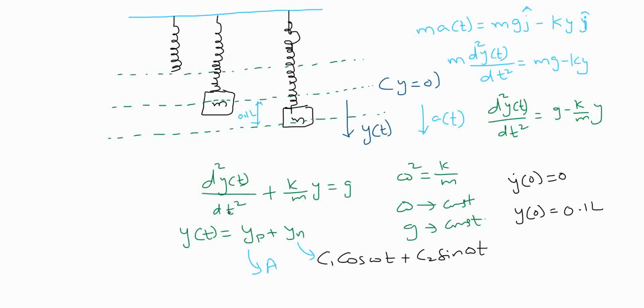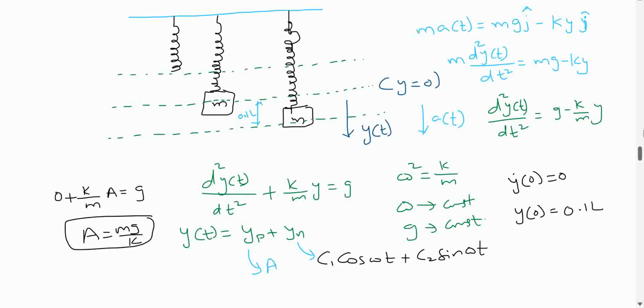So these are the initial conditions, and for the particular integral we have a. Let's substitute a in the differential equation. When a is a constant, the double derivative is 0, plus k by m times y, which is a, is equal to g. So from this a is equal to mg by k. We got mg by k.